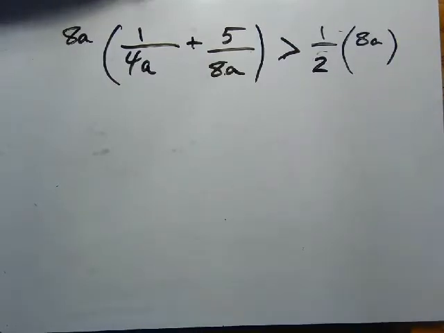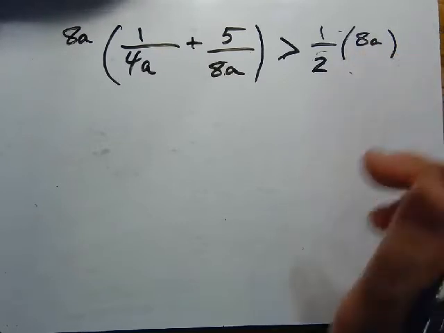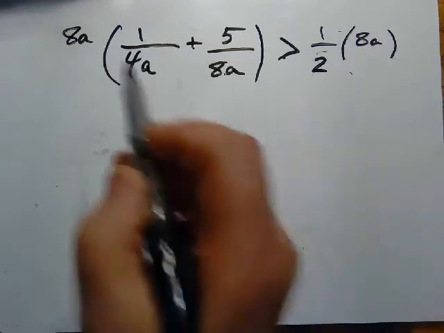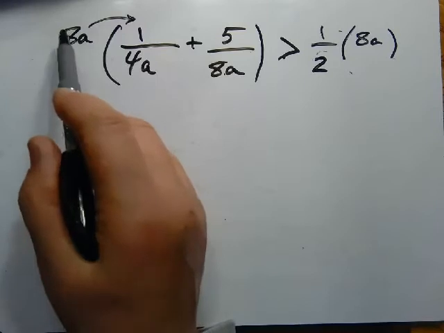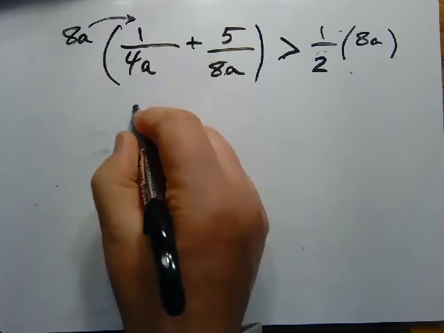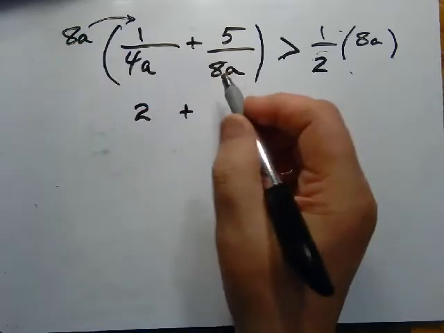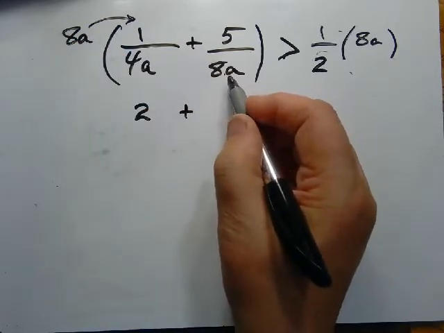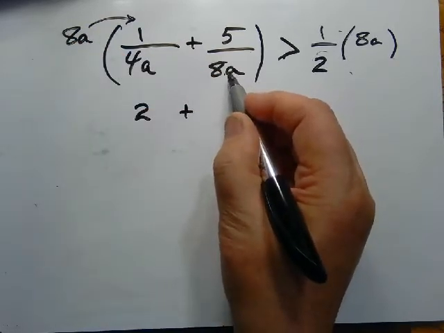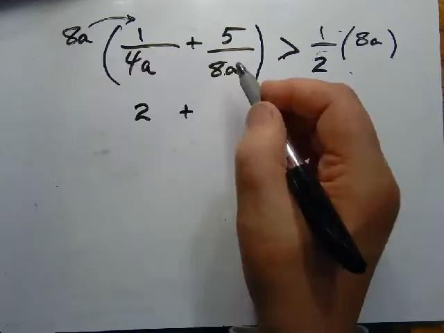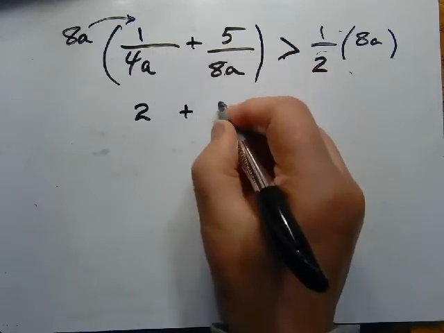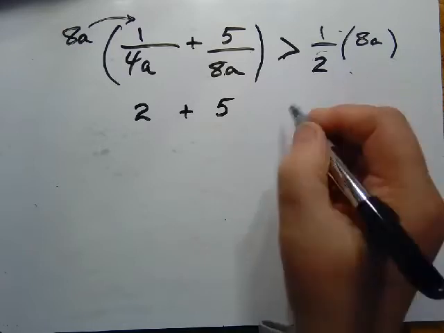And the stuff's going to cancel away. This was a technique that was very important for us to learn at the beginning of the year here. I'm going to distribute in. Here I go. 8a over 4a is 2 times 1. 8a over 8a goes out, plus the 5 there, times 1 times 5 is 5.